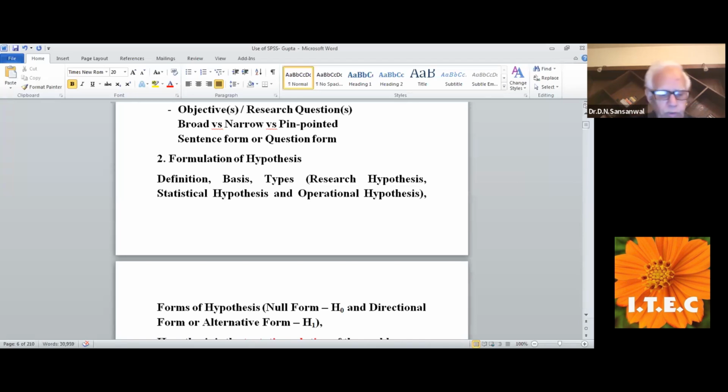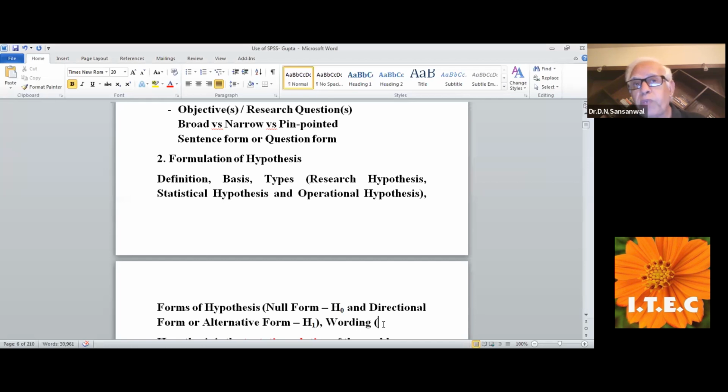Then next you should know the wording. Can you tell me in which tense the hypothesis should be worded? It is wrong.